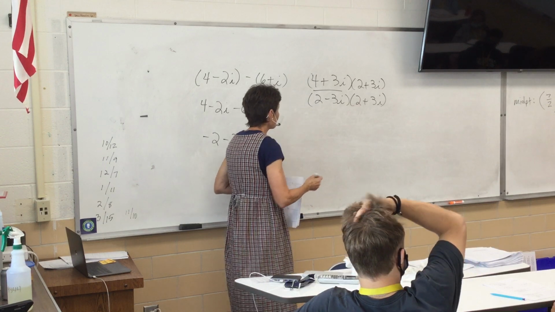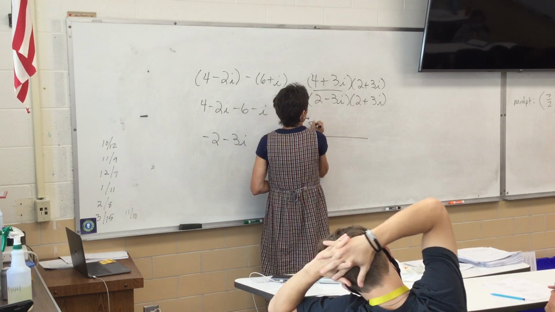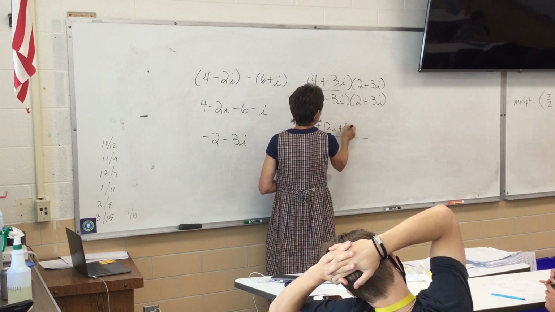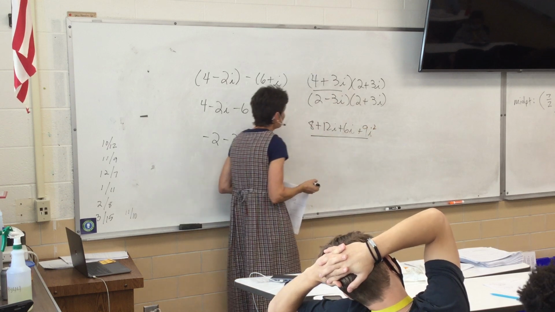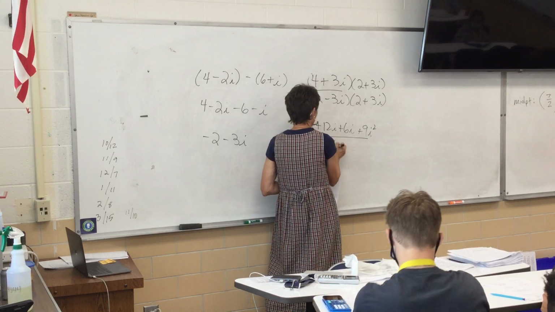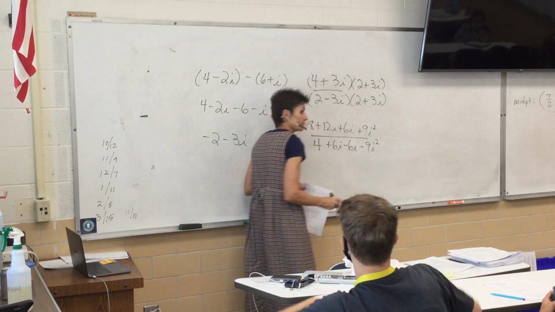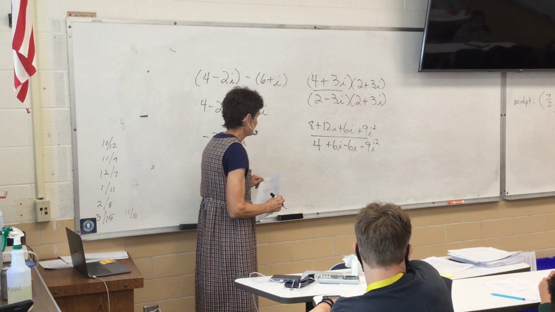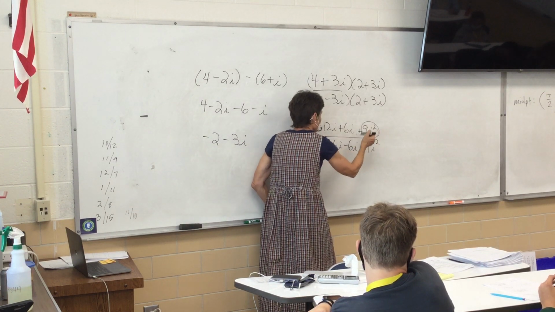All right, anybody got this foiled for me yet? 8 plus, you're ahead of me, 12i plus 6i plus 9i squared. I'm foiling on the top and on the bottom. What about i squared?